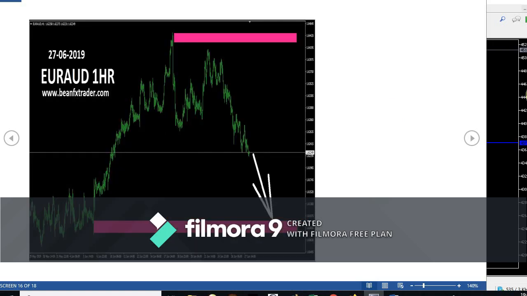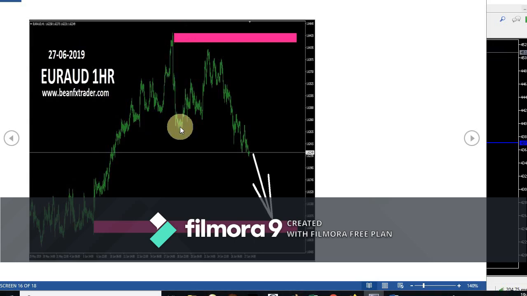Lastly, let's look at the Euro AUD 1-hour chart. You can see what happened here. This is a support level, this is a higher support level, and price was pushed up to a particular point where you have a top, leaving a bearish engulfing bar, pushing price downwards.